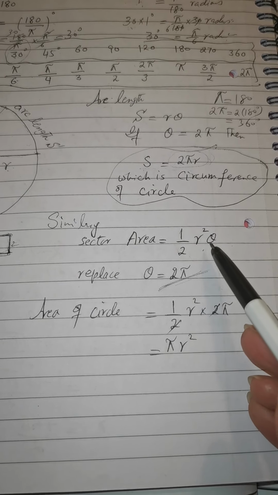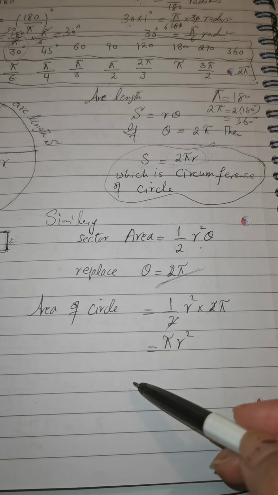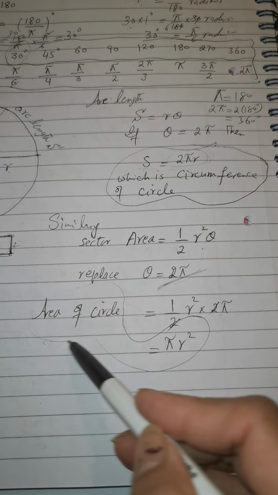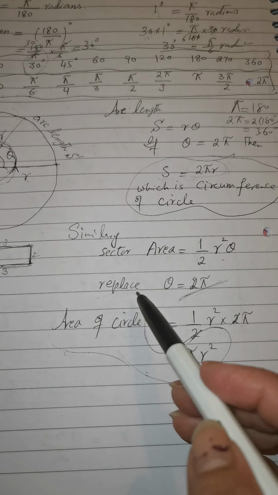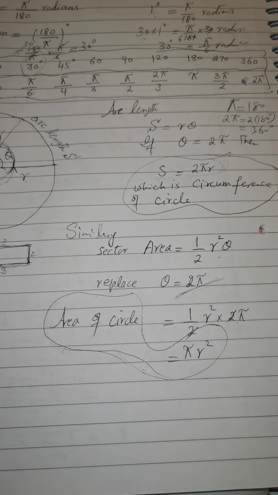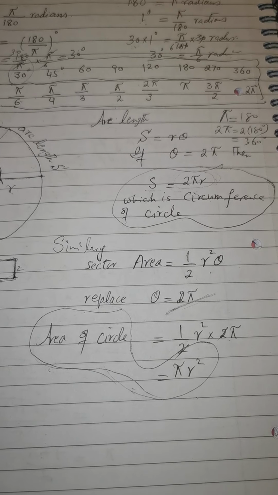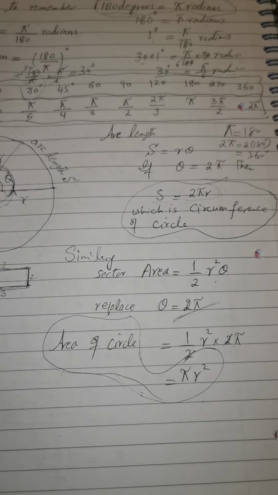Then 2 will cancel 2, and the area of the whole circle will be pi r square. This is the important formula. This is the representation here, hopefully you can understand it.